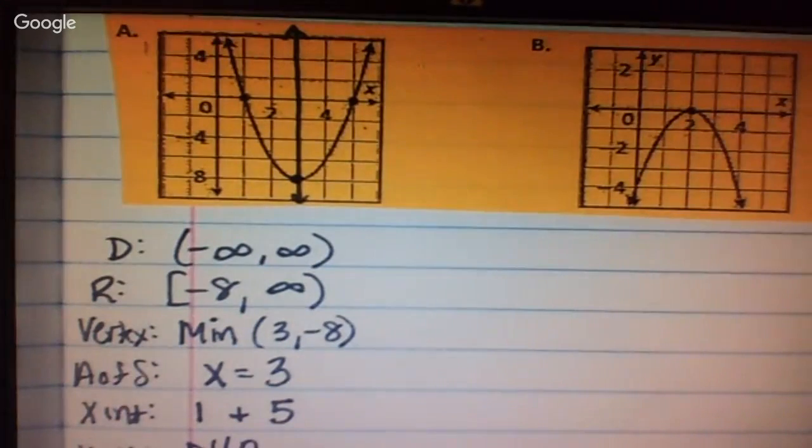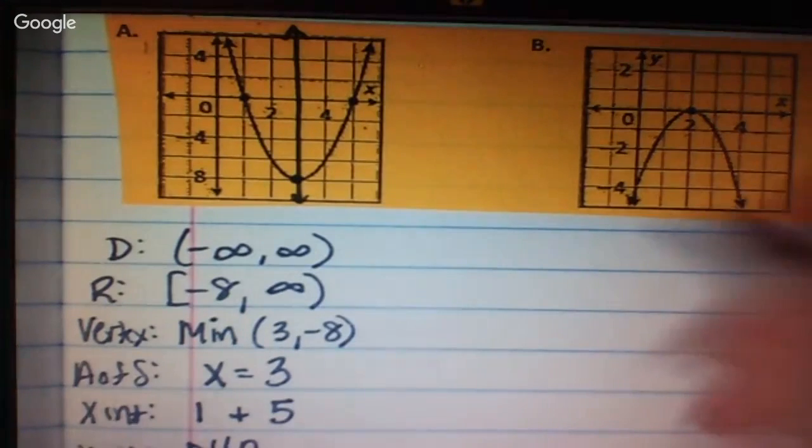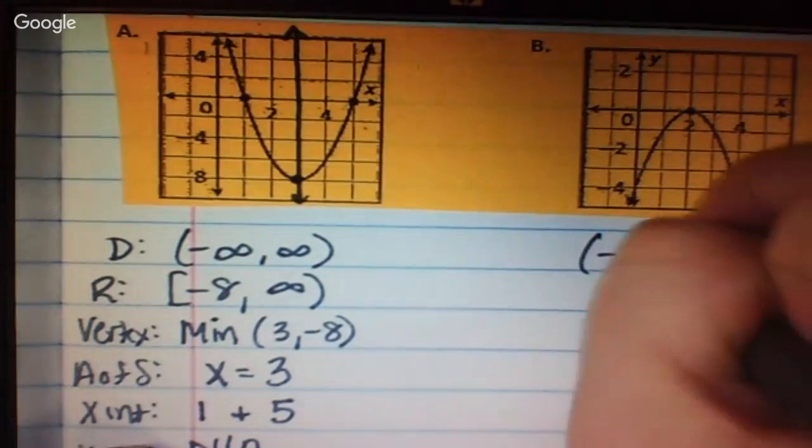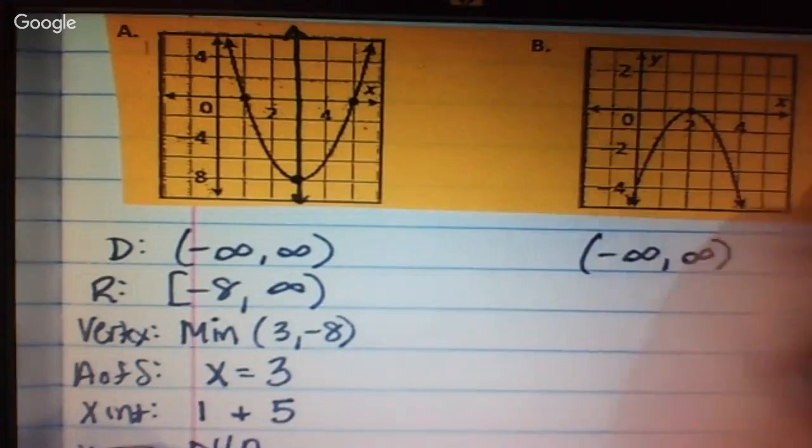Part B. Again, domain. How far does my graph go to the left and to the right? Negative to positive infinity. But it's not on the negative side. But your domain never changes.